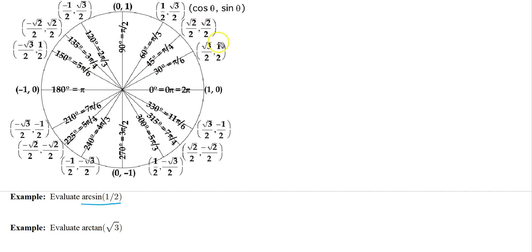So if we look, you see you've got the coordinates on the unit circles labeled here. For example, this point right here is √3 over 2 comma 1/2. And notice that the √3 over 2 corresponds to the cosine and the 1/2 corresponds to the sine of this particular angle theta right here.